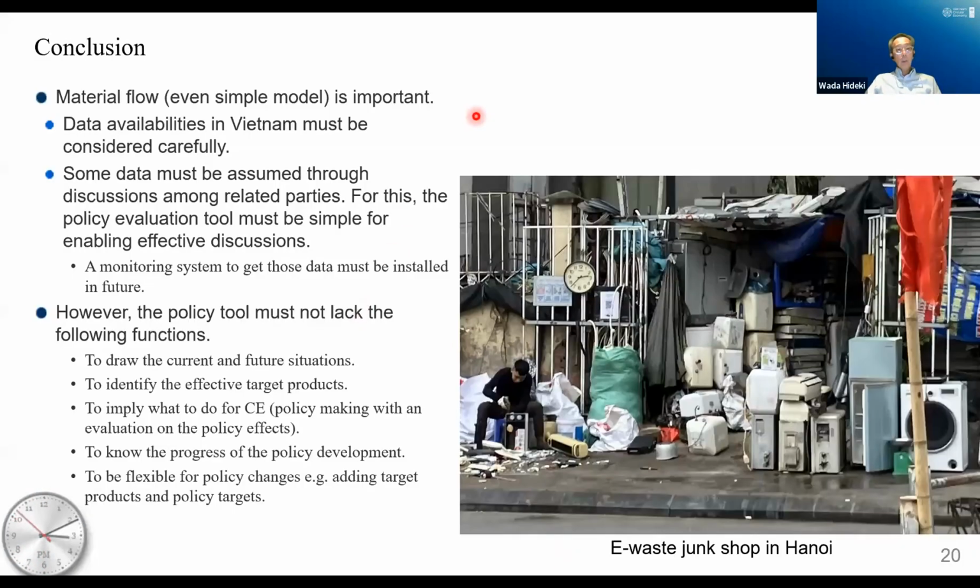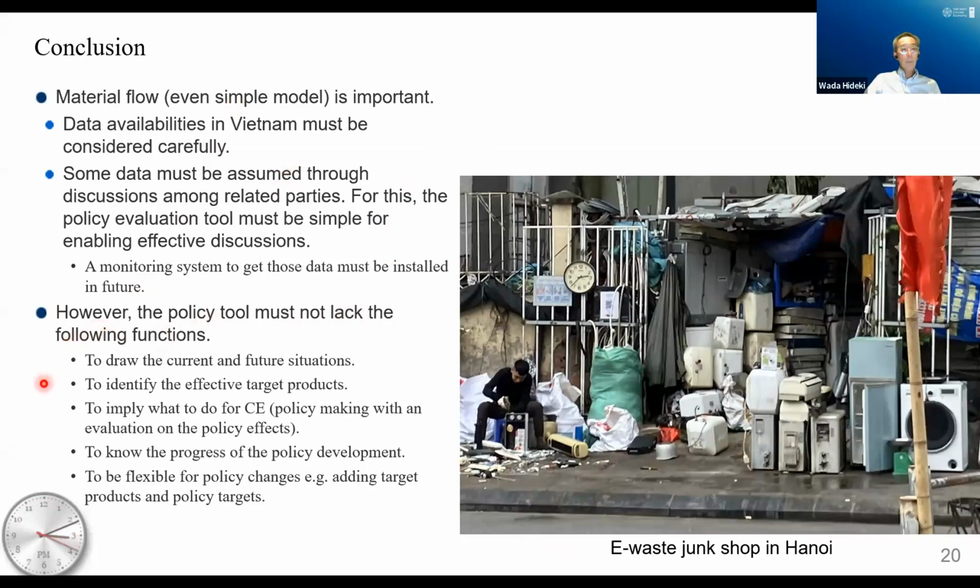Okay, my conclusion is that even a simple, basic material flow, as I explained, is very important, because data availability is not expected to be high in Vietnam. So that kind of material flow must be developed for discussion among related agencies, especially between government and the industrial sector.